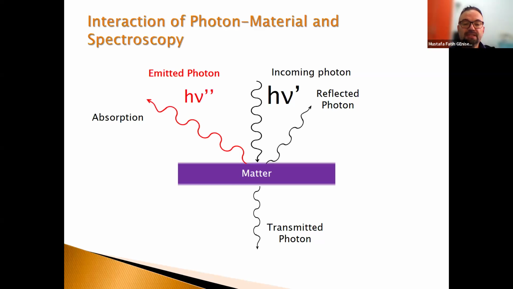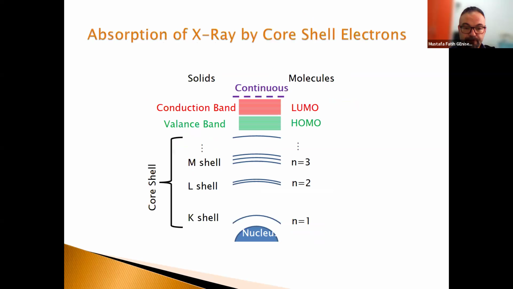Or it will be absorbed. When it is absorbed, after some process, it will emit photons with different energy, or it will emit electrons. Again, we are speaking about ionizing X-ray photons. Or it will be scattered. Reflection and scattering are out of our scope, but we will look directly at the absorption.